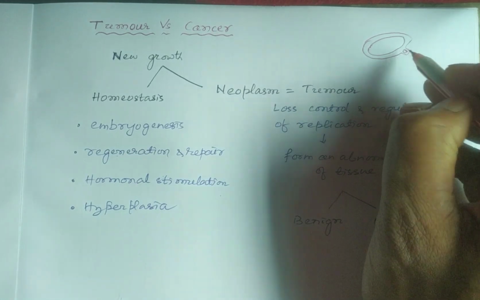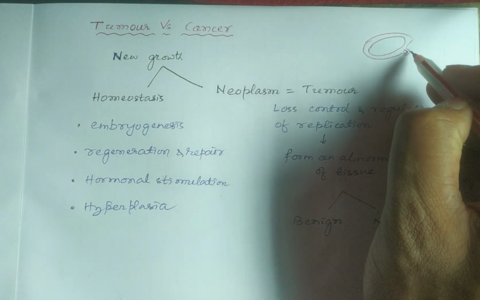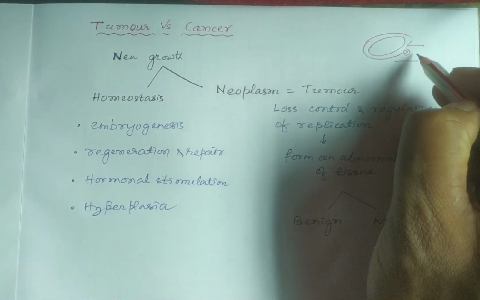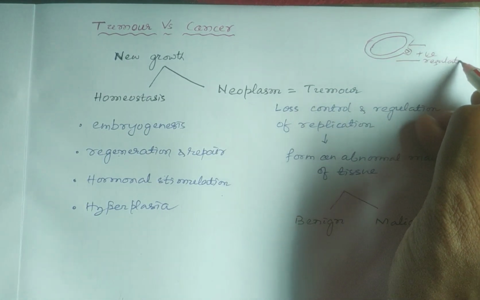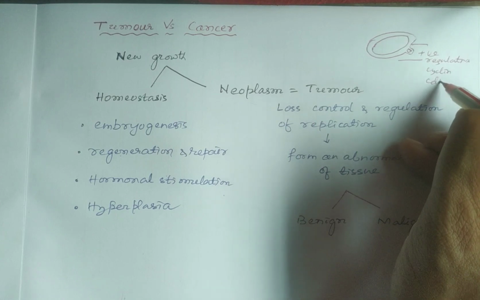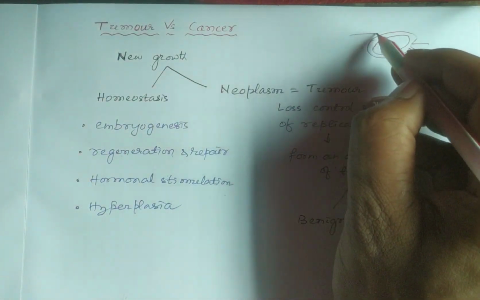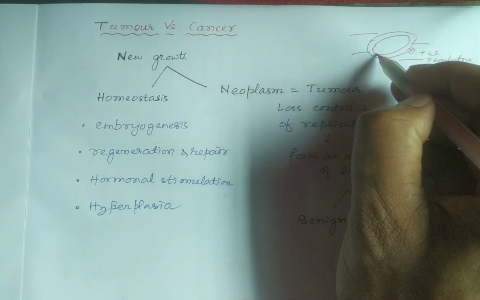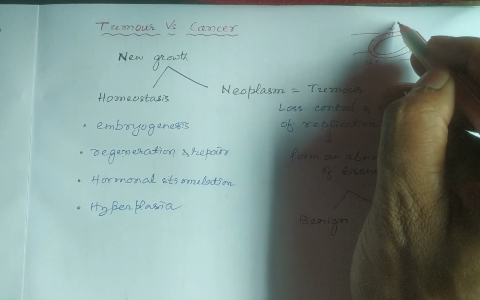So, the cell division, we can say that there are some positive regulators of the cell cycle like cyclin dependent kinases, and there are some negative regulators of the cell cycle at the checkpoints, checkpoint 1 and checkpoint 2.